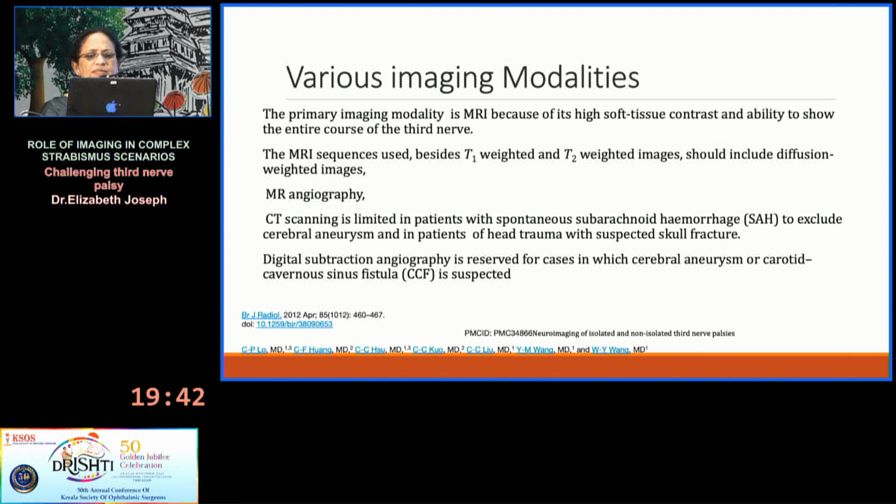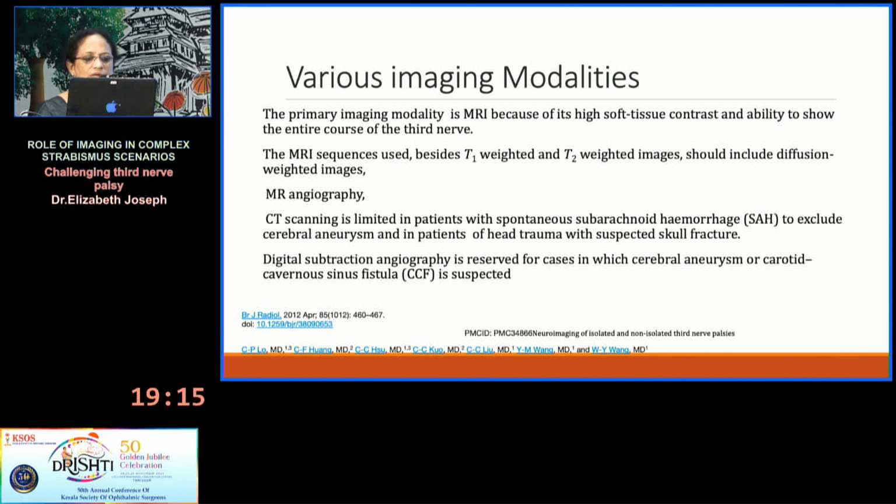Of the various imaging modalities, the primary one is of course MRI, because of its high soft tissue contrast and ability to show the entire course of the third nerve. MRI sequences used besides T1 and T2 weighted images include diffusion weighted imaging. MR angiography is done if you are thinking about a vascular pathology.